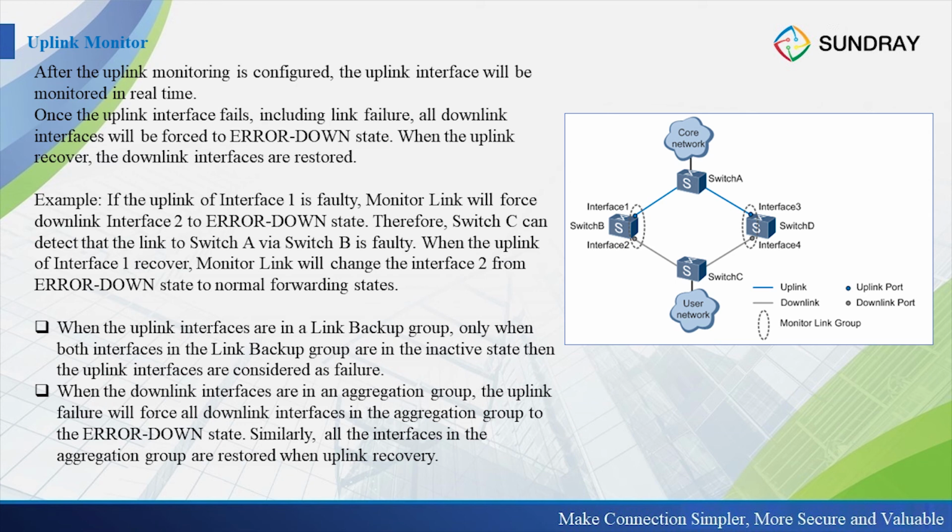And for uplink monitoring, there are two situations. When the uplink interfaces are in a smart link group, only when both interfaces in the smart link group are in inactive state is the uplink interface considered a failure.